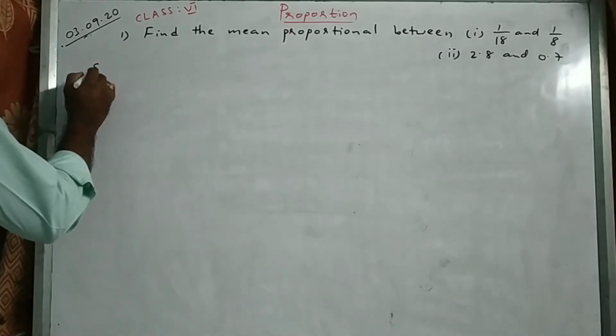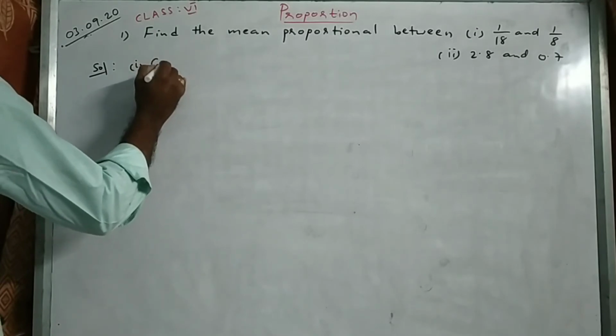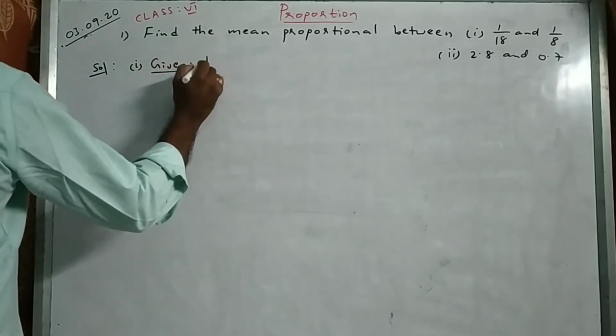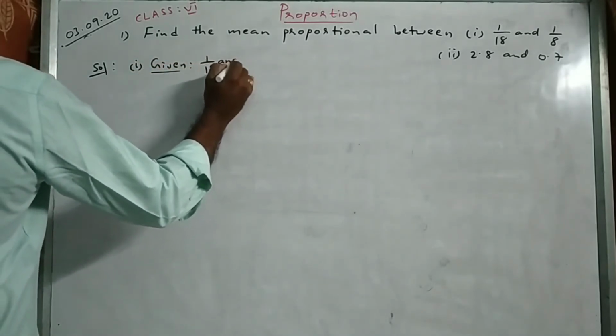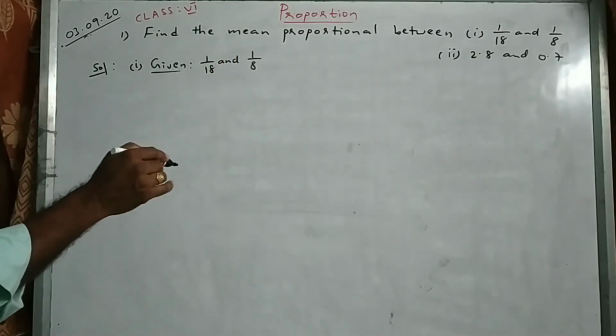So, first question, what are the numbers given here? 1 by 18 and 1 by 8. I want the mean proportional. Mean means middle, no?